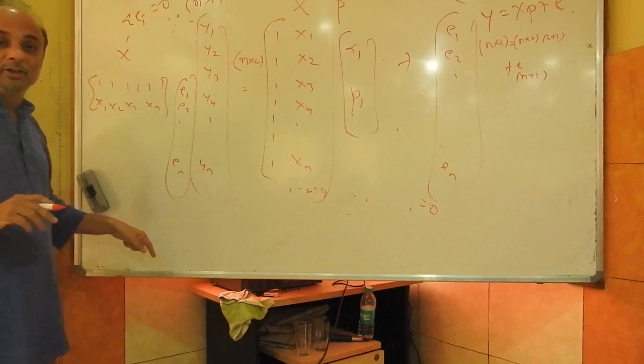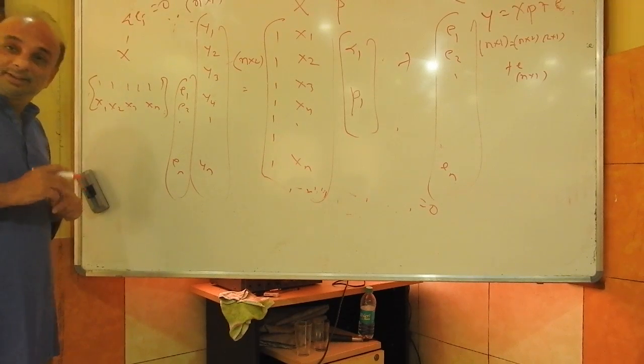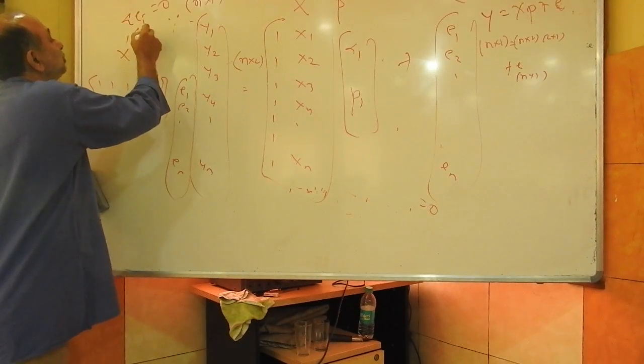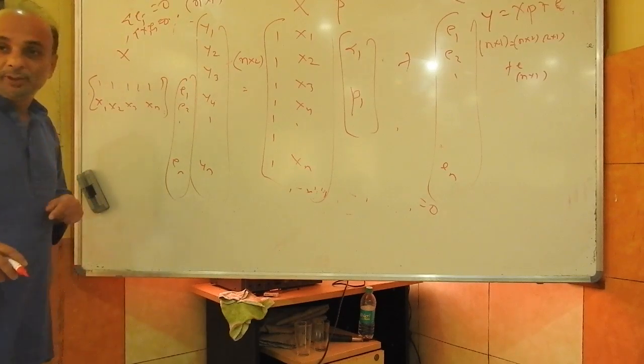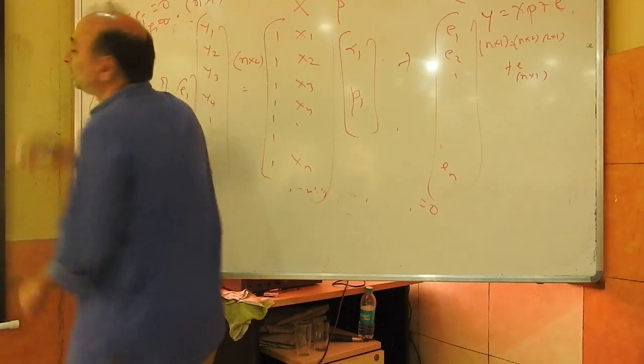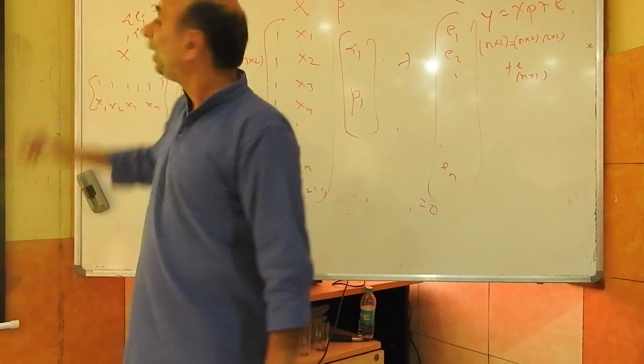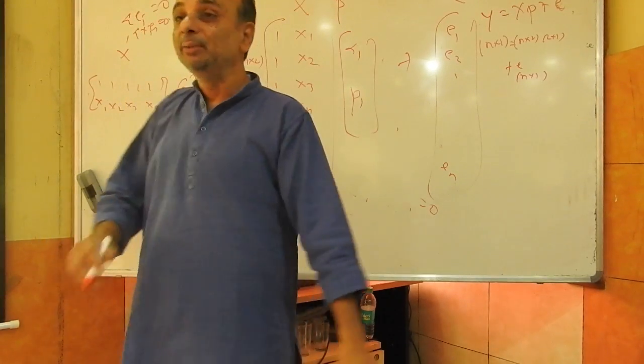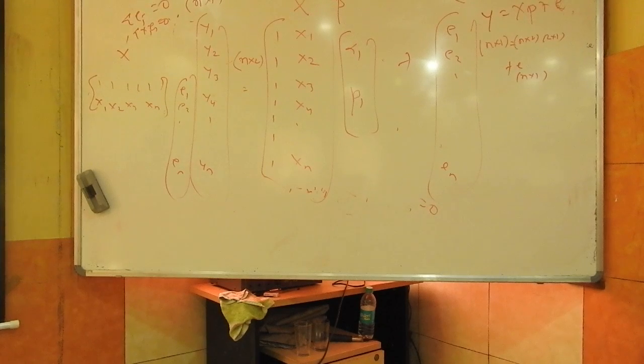What is second row, second column? Summation xi ei has to also be set to 0. Which means that what is this matrix? This matrix is X transpose E. So I have to set the X transpose E matrix to be 0.